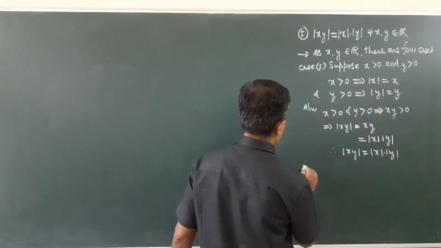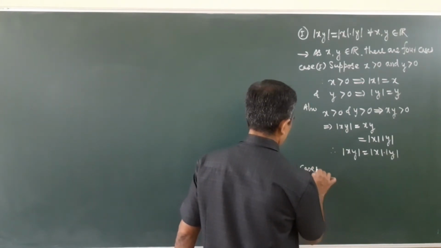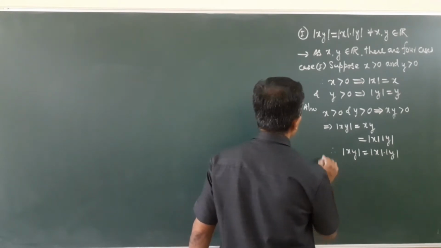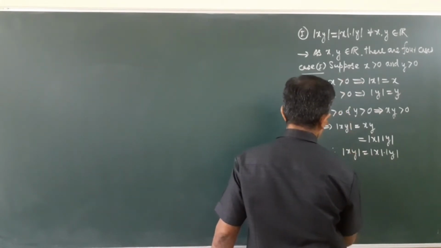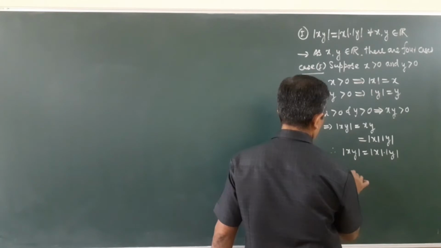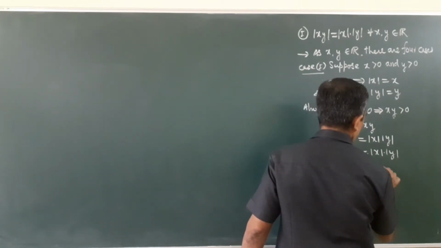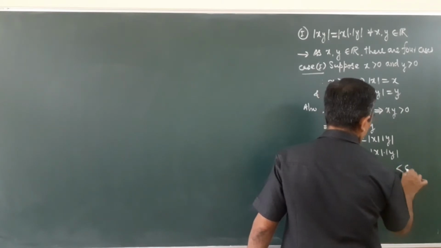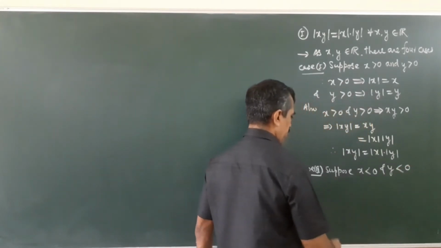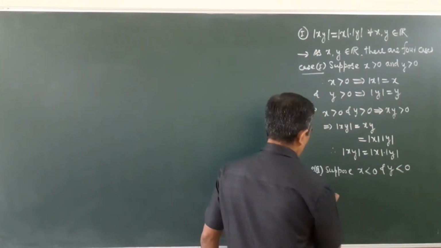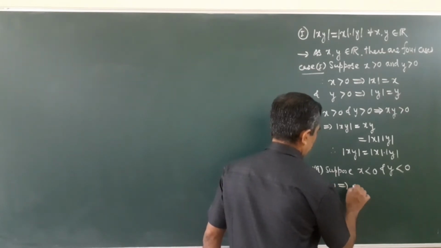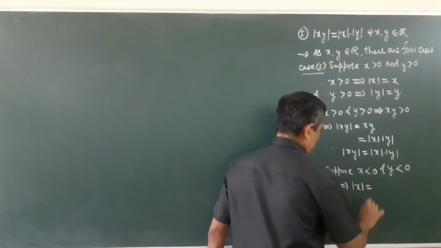Now case 2. Suppose both of them are negative, x less than 0 and y less than 0. Therefore, x less than 0 implies what is mod x?